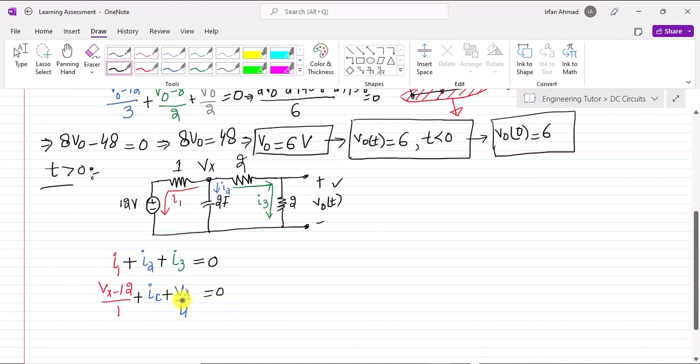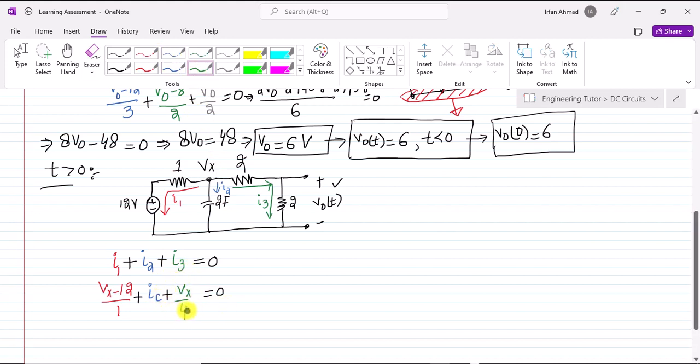As I have written it with the blue color as well, let me remove it and write it again in this color, so that would be Vx divided by 4.